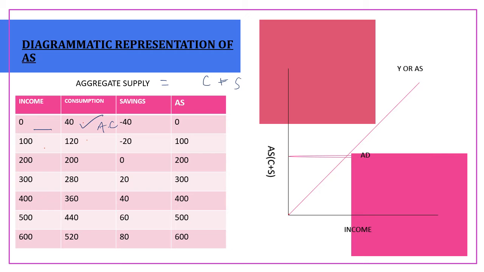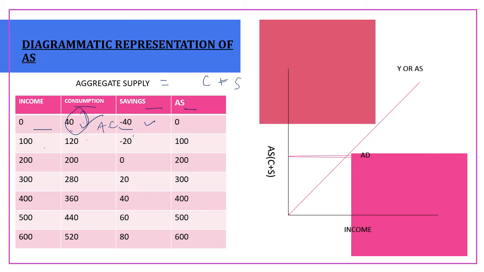I already told you. Where does this consumption come from? It comes from the savings, right? So minus 40. We consume from savings, so that 40 rupees will be deducted there. The total of consumption and savings is aggregate supply. So 40 plus minus 40 is equal to 0. Positive and negative make 0.